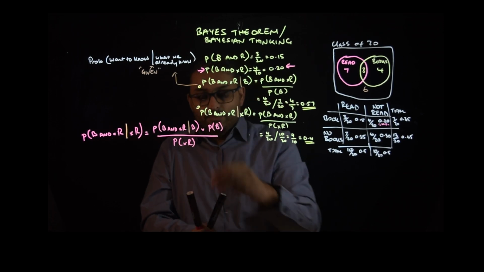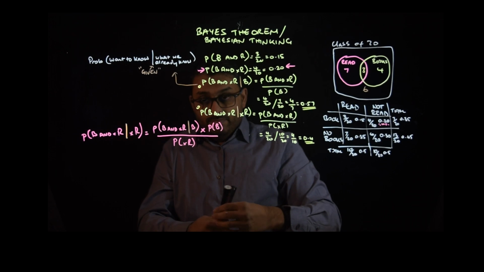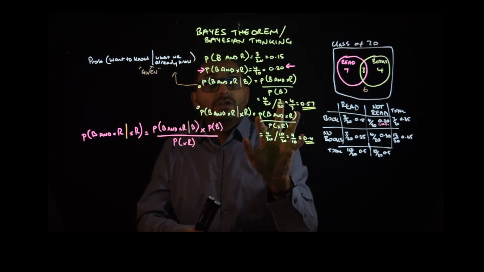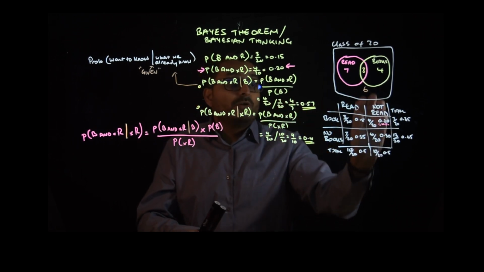And so this looks like a complicated formula, but this is the way around it because we don't know this absolute probability of them owning a book but not reading.